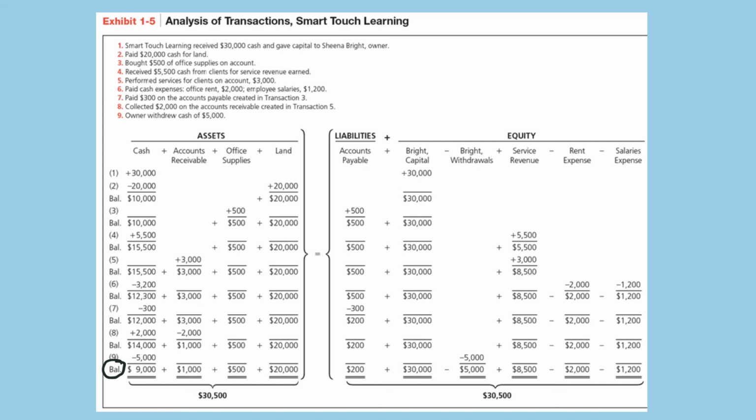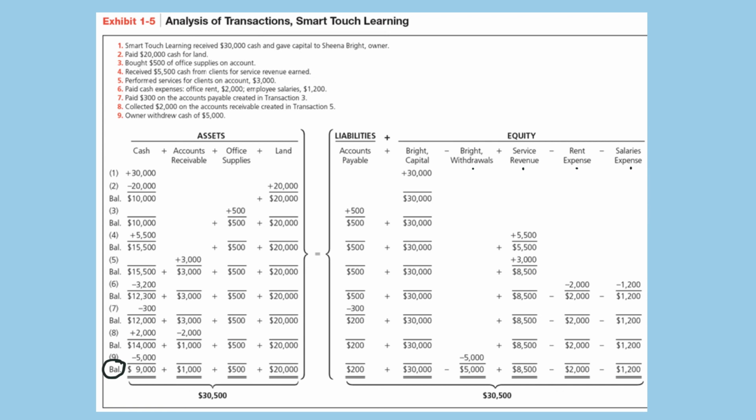Under equity, we have 4 main accounts, which are capital, then withdrawals, then plus revenues, less expenses. So in this question, we had 2 expenses. Both decrease equity, rent and salaries. Again, you need to find the balance for each column, for each account.